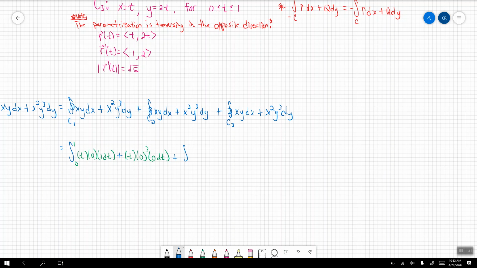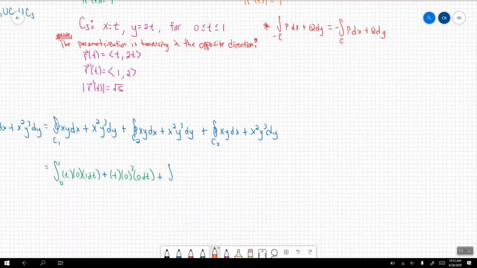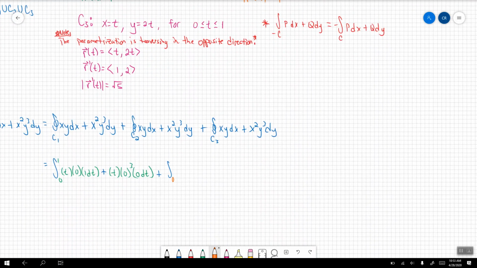So the next integral, curve number 2. Let's go over to my bounds really quick. My bounds on curve number 2, they went from 0 to 2. So I'm going to go from 0 to 2. My x value is 1. My y value is just t. So this is just x times y, so 1 times t. I need my dx.